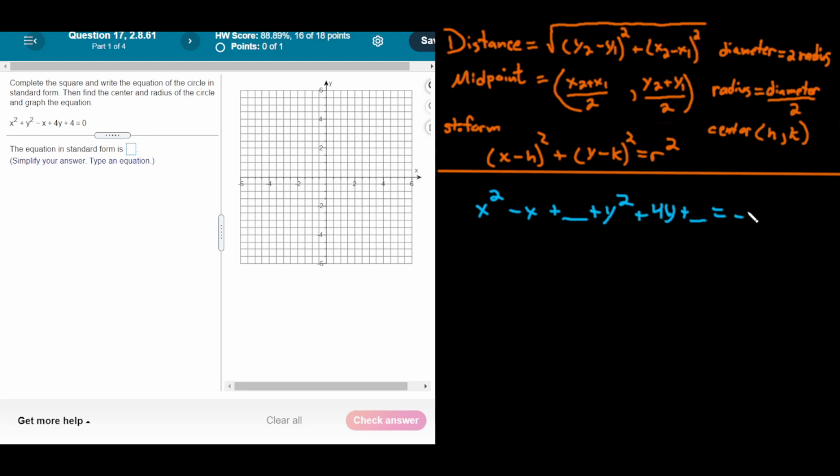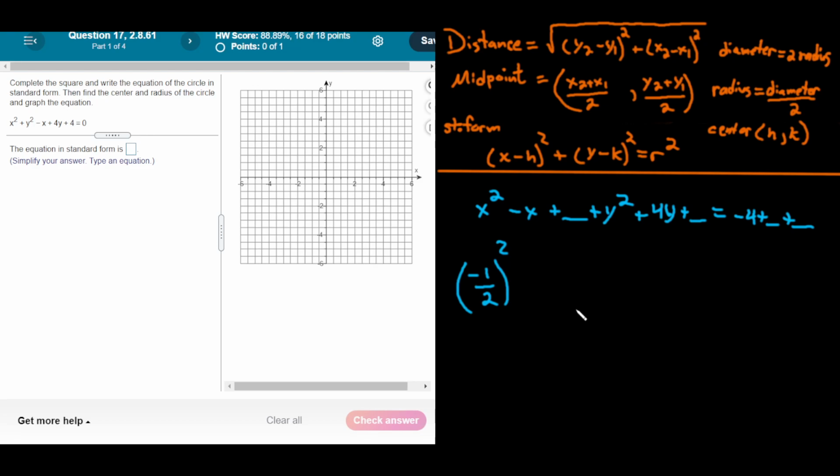So we're going to say this is -4 plus 2 spaces. So take a look at this. Your b term here is -1, right? We're going to take the -1 and divide it by 2. And then we're going to square it. Now, I want to show you something interesting.